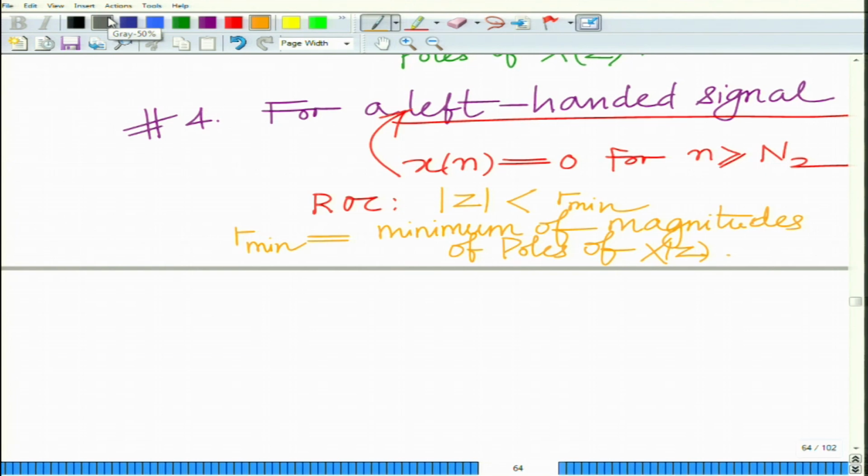That is, for a left handed signal the ROC is of the form magnitude z less than R min, where R min is the minimum of the magnitudes of the poles of X(z).